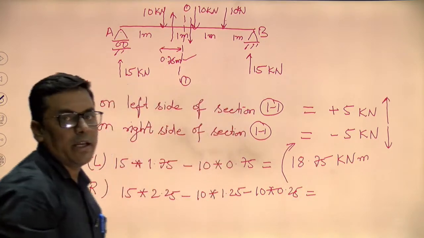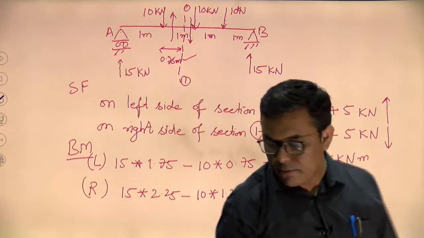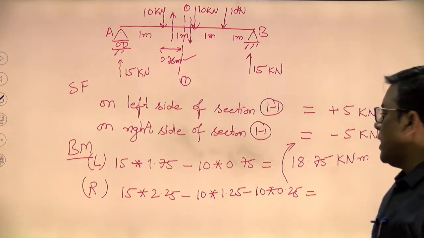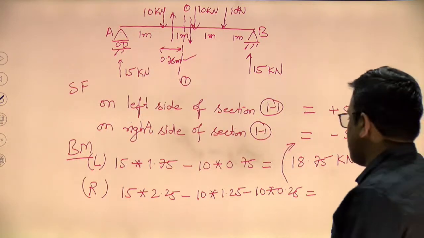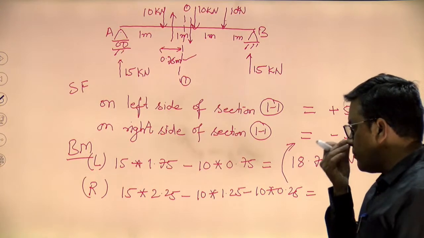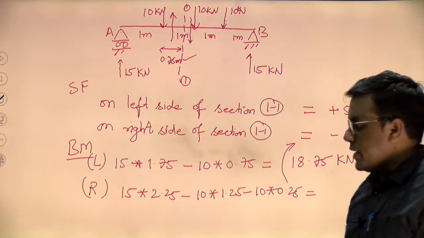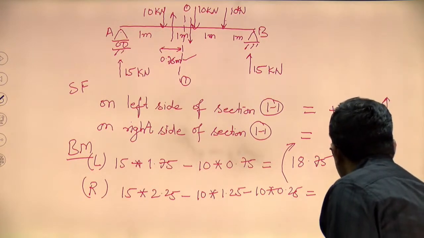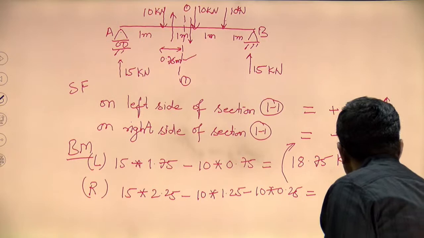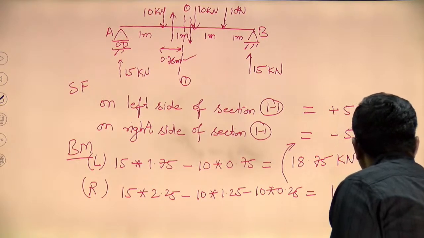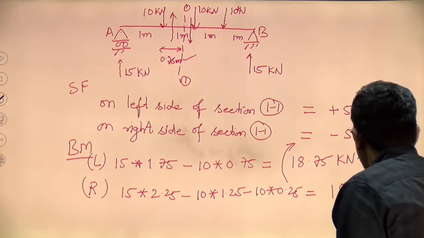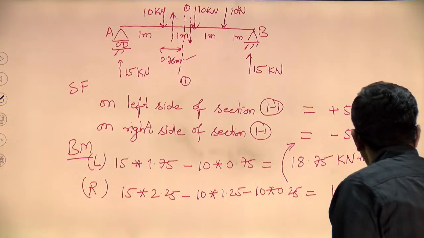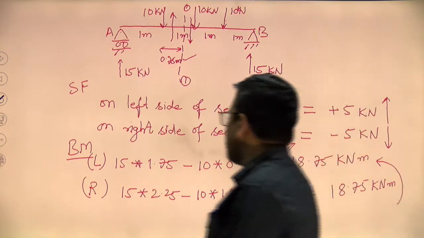How much is it coming? What is the answer? Please tell me the answer, those who are available in the lecture. I think it is 18.75 kilonewton meter, and the direction is anti-clockwise.